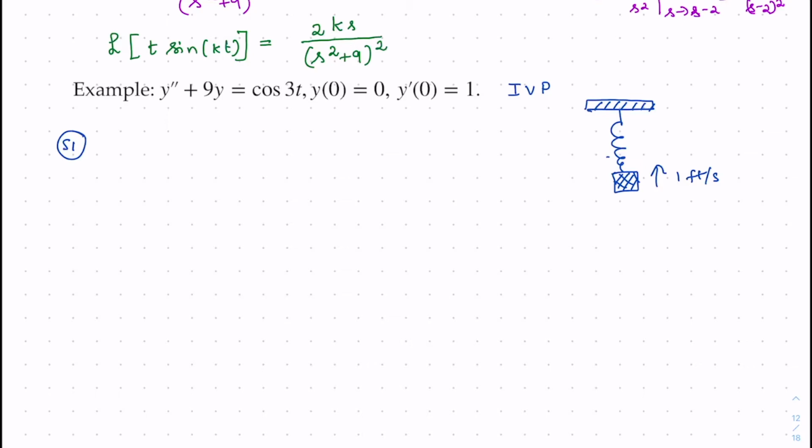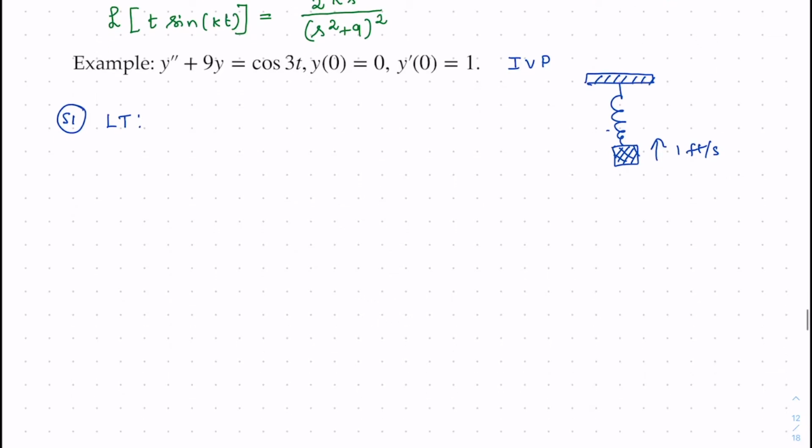Step 1: we're going to apply the Laplace transform. I'm going to say simply L in here. If I do that, ladies and gentlemen, then this would be the Laplace of y double prime plus 9y, as functions of t, is equal to the Laplace of cosine 3t.